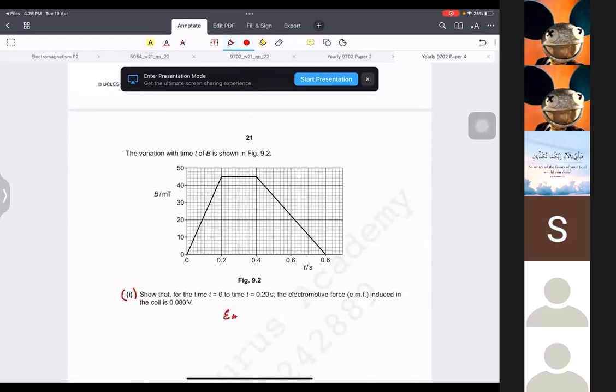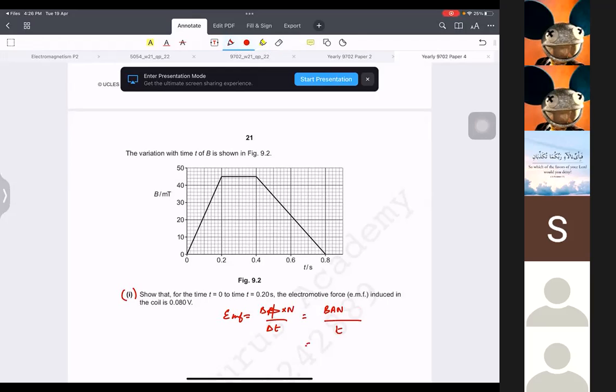Now EMF is basically change in flux times N upon change in time. Now flux is basically BAN. So first of all we'll find the change in B over time, right?